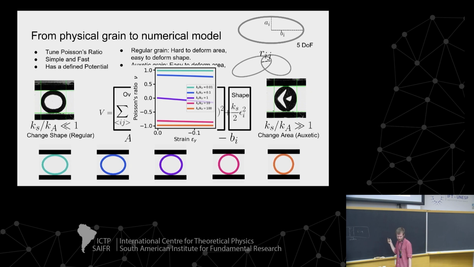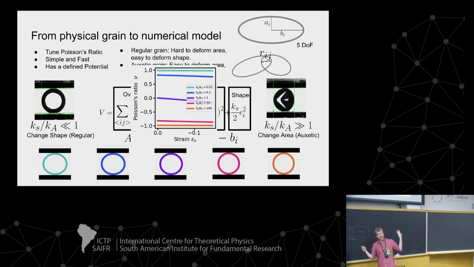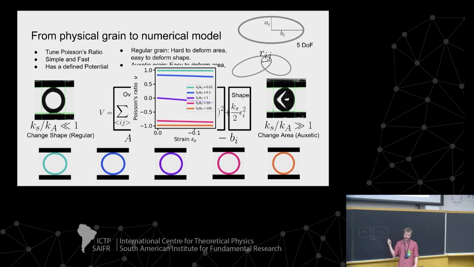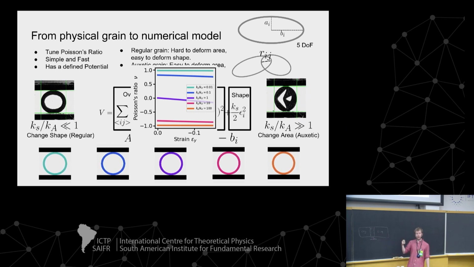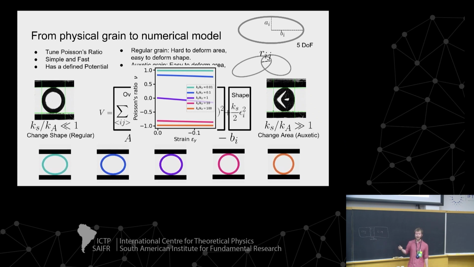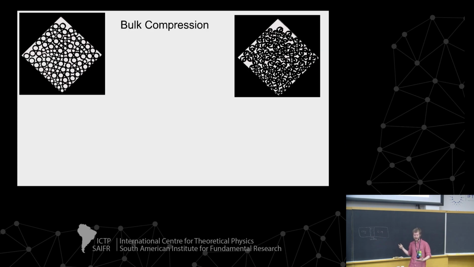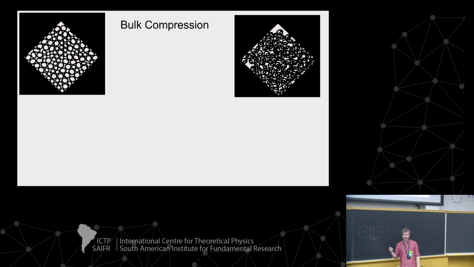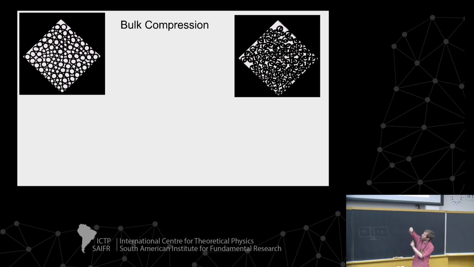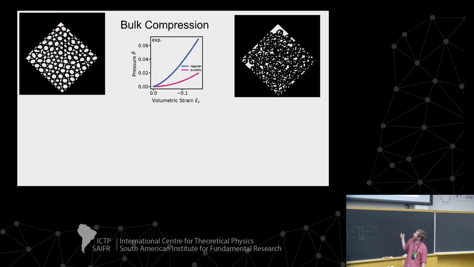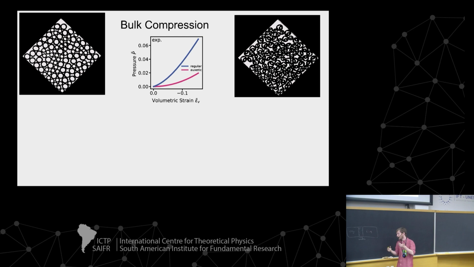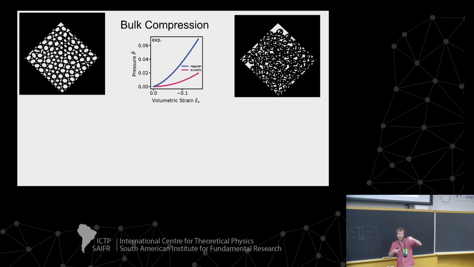So now that we have a grain in the lab and a grain in the computer, we started working on what we really want, which is looking at the collective behavior of all these particles. So first we did a bulk compression. We did a biaxial compression of these particles. And we found effectively that it is much more difficult to compress common grains in bulk than auxetic grains.